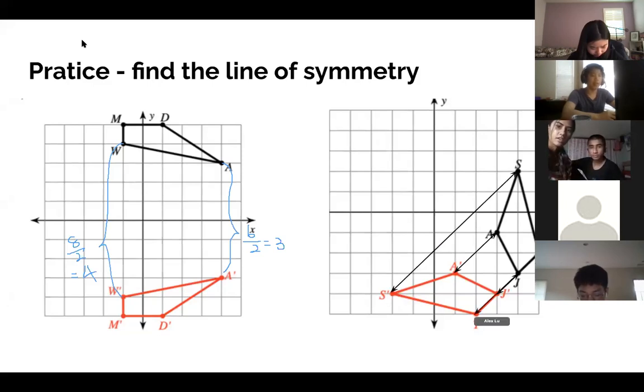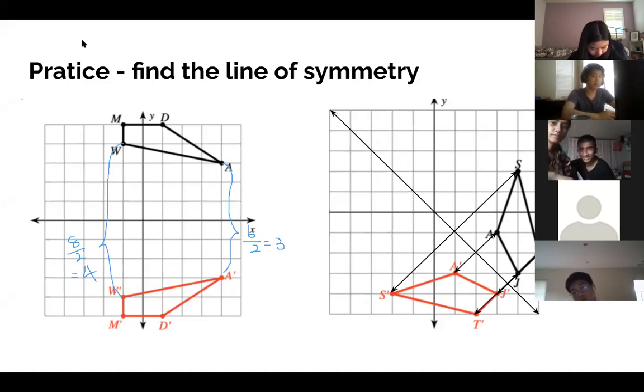And basically, if we find that trend, we find that the line of symmetry is just this diagonal line over here. Now, if you recall correctly, this line is also just the graph of the equation y equals negative x. So these diagrams over here would be symmetrical via y equals negative x symmetry. You just have to find the line where each point is the same distance away as its corresponding point.